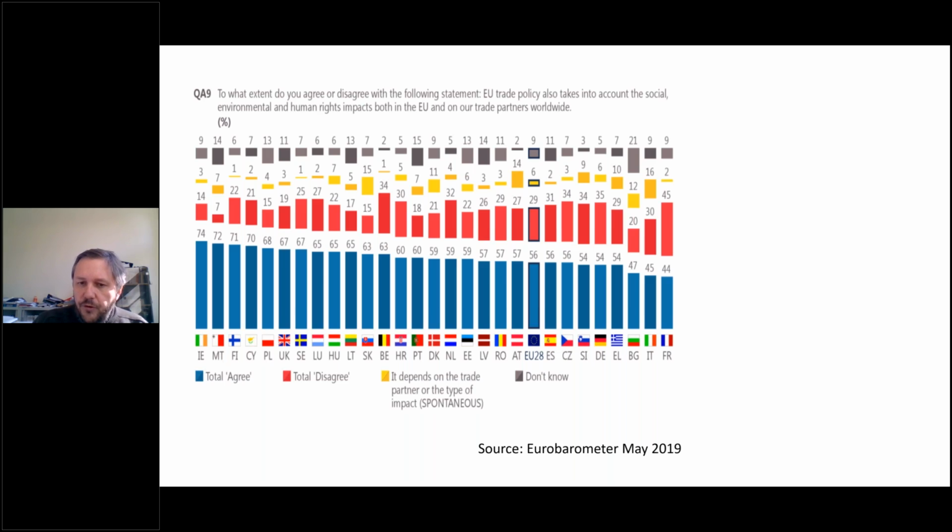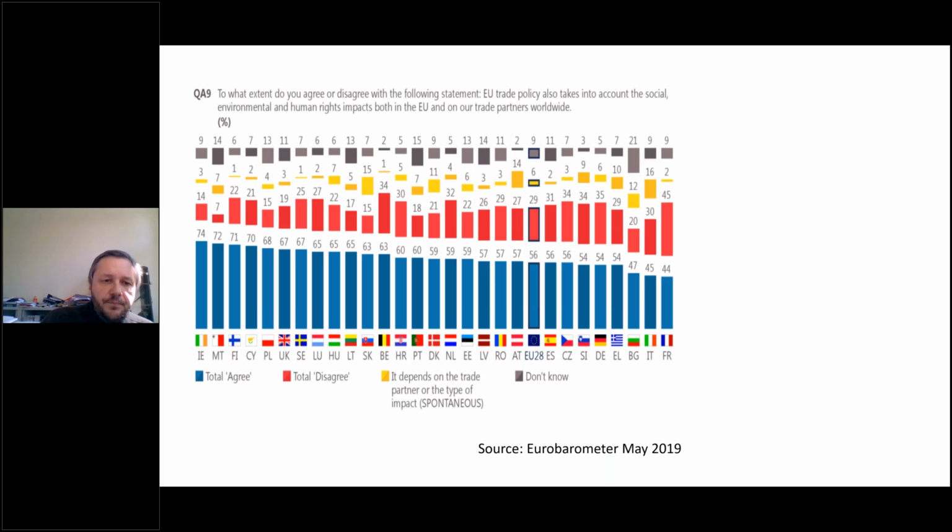And also, of course, on the right-hand side, where the more skeptical citizens are, are Italy, Bulgaria, and Greece, which also came up in your answers. Maybe a little bit surprising, Germany is aligning very much with the middle of Europe, but it's not outspokenly thinking the EU is promoting its values through trade.